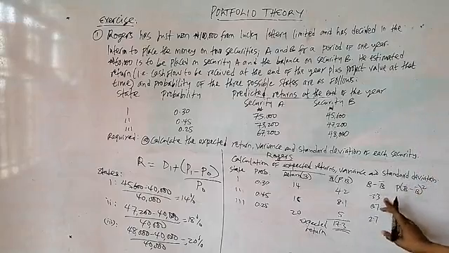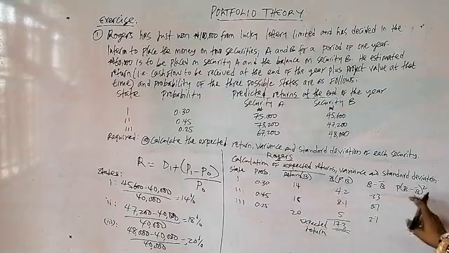So you square this and multiply by the probability, and you have your variance.